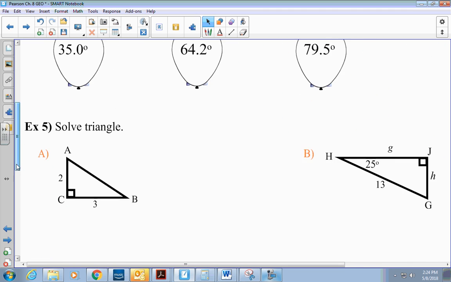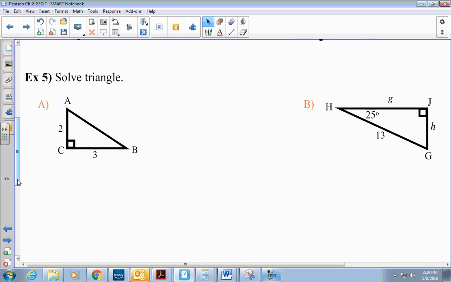Okay, so let's see how we use this to solve these two triangles. So we have, this side is 2, this side is 3, and I don't know the hypotenuse.